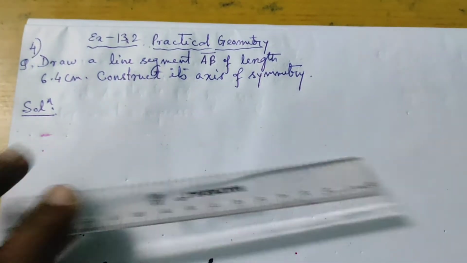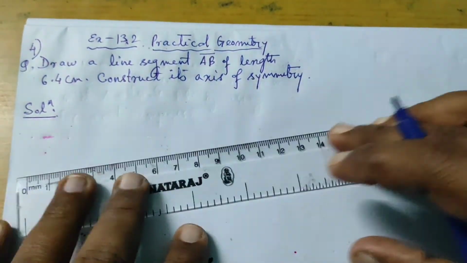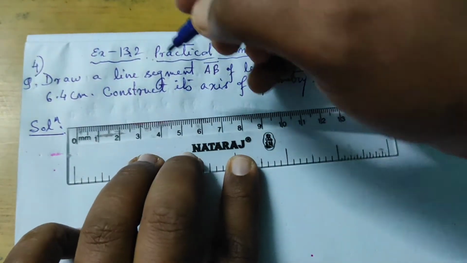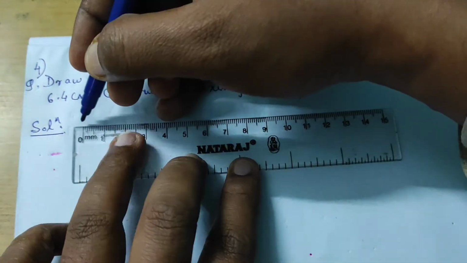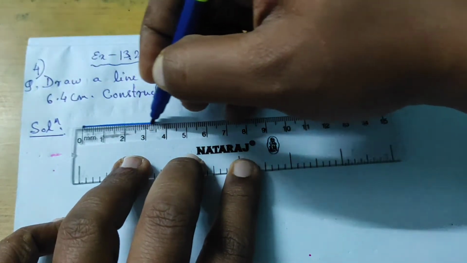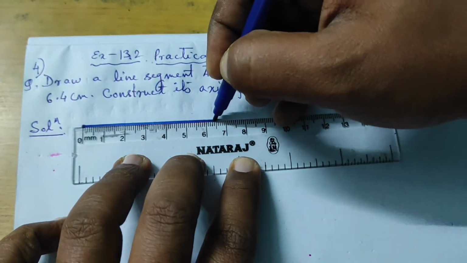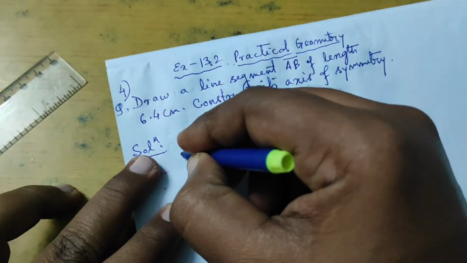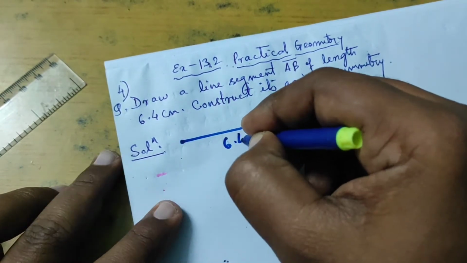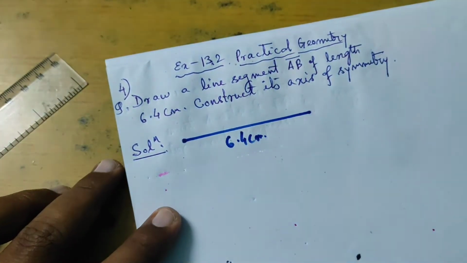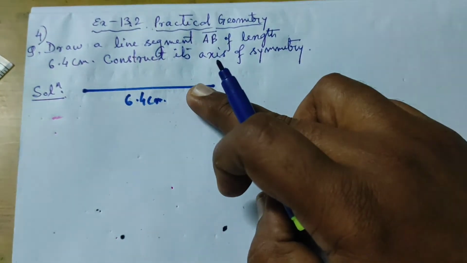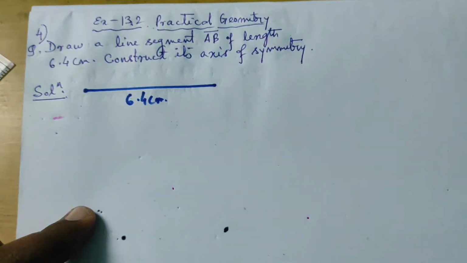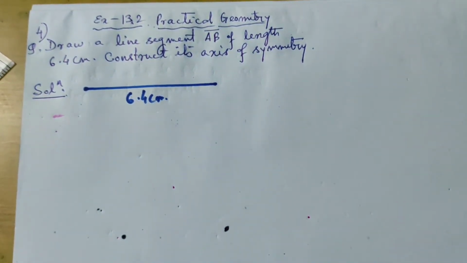So first of all, we will draw a 6.4 cm line segment over here like this. So suppose this is our 6.4 cm. Let us write down the label 6.4 cm, and then using this 6.4 cm we will copy another line segment with measure 6.4 cm.